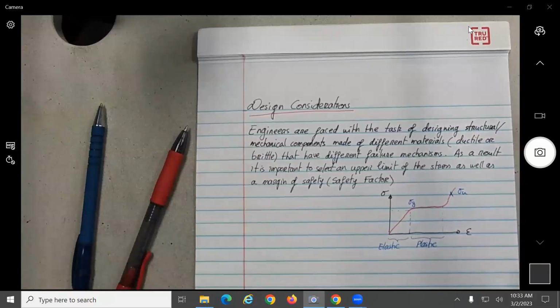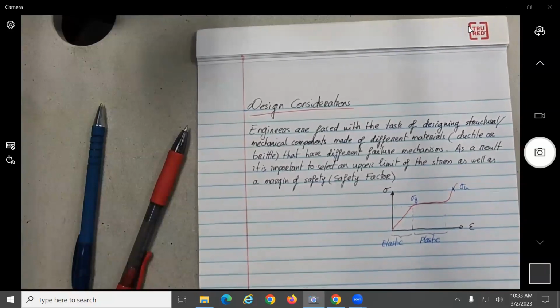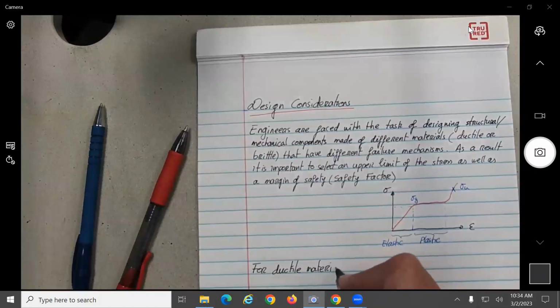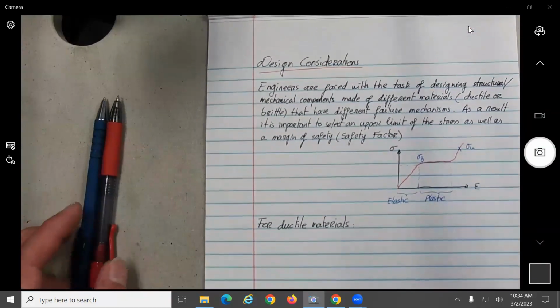Okay, so I think we already talked about this, but in general, let's see which one I put before. So for ductile materials, ductile material might be the most complicated here, and it will depend on your design.